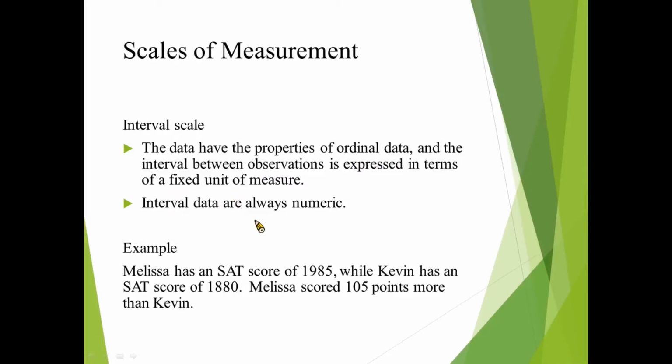Interval data are always numeric. You can see the example. Melissa has an SAT score of 1985, and Kevin has an SAT score of 1880. Melissa scored 105 points more than Kevin.